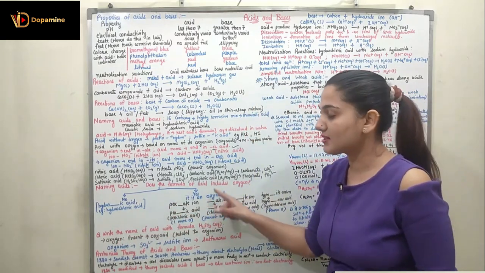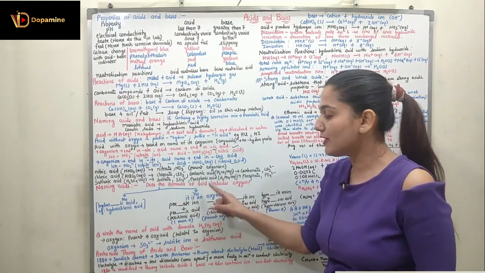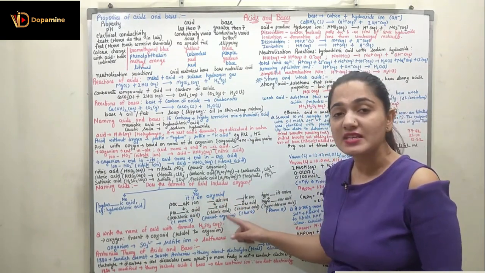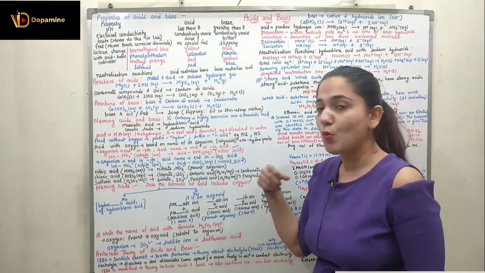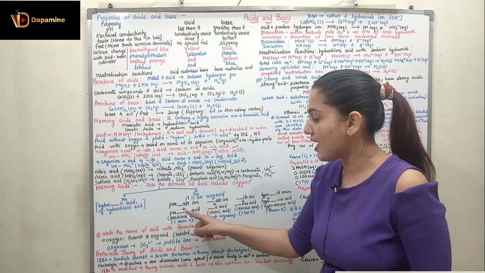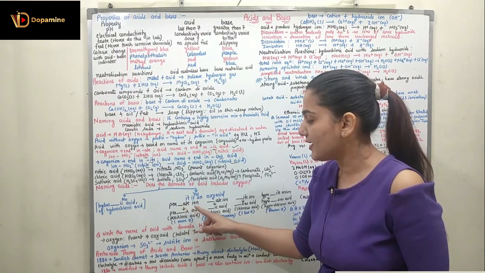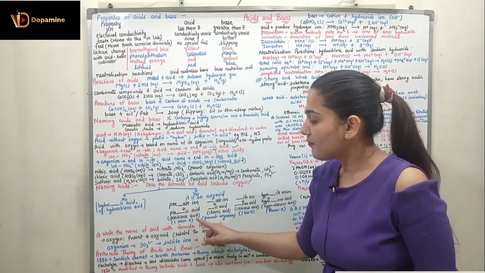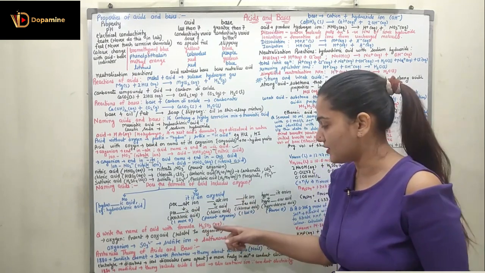Now coming to the next case, where the formula of the acid includes oxygen, it is an oxy acid. Whenever the acid is an oxy acid, we have to see what kind of ion we have, right? So first, when we have the ion in the form of a per-ate ion, where we have one more oxygen than the required oxygen, right?